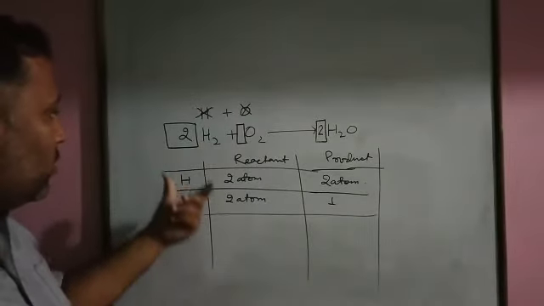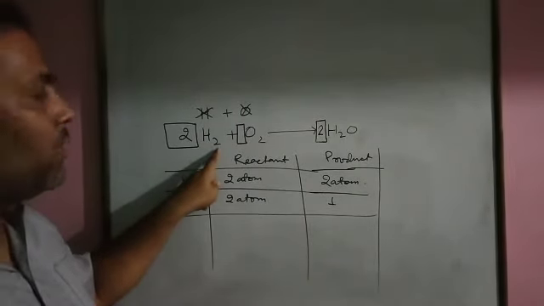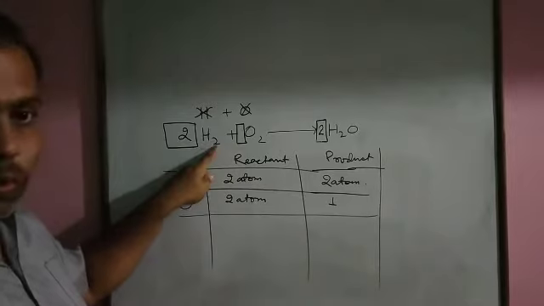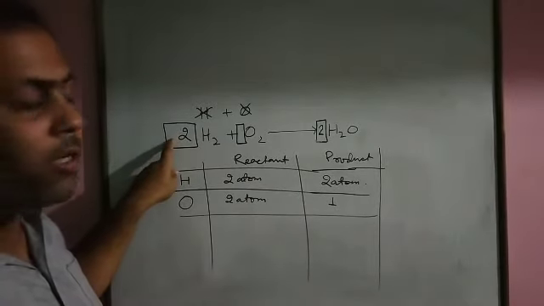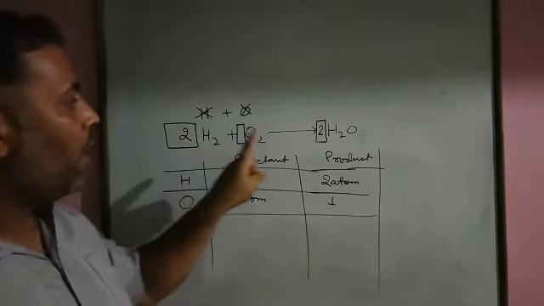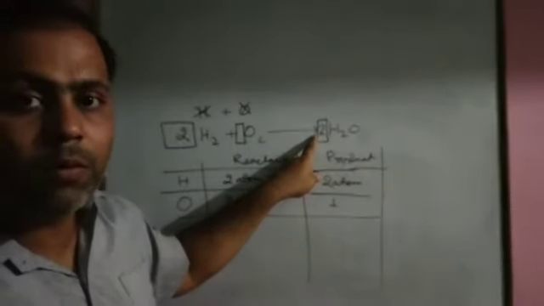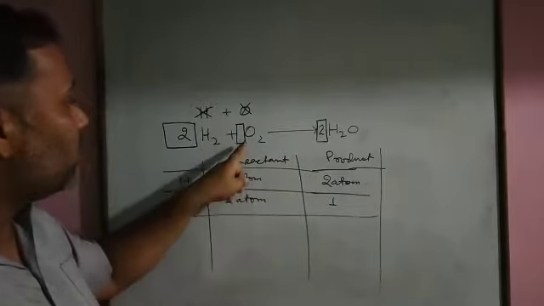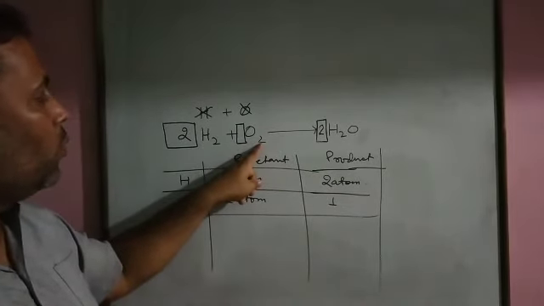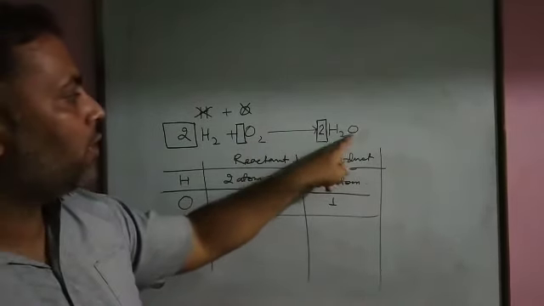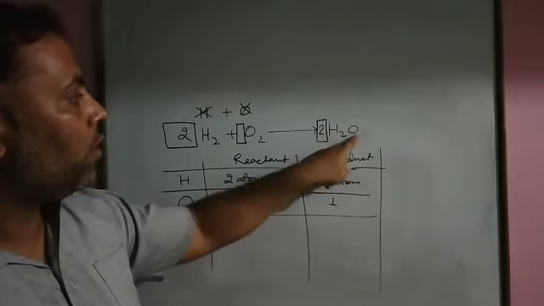Then let us see here. Hydrogen atoms in reactant are 2 into 2. How many hydrogen atoms are there? 4. And here in the product it is 2 into 2, that is 4. Clear? How many oxygen atoms are there? 2 in the reactant. And in the product, O2.